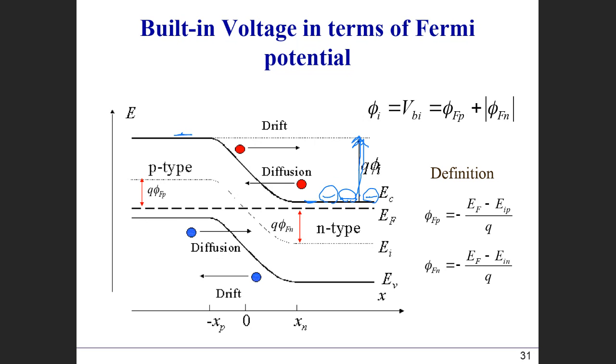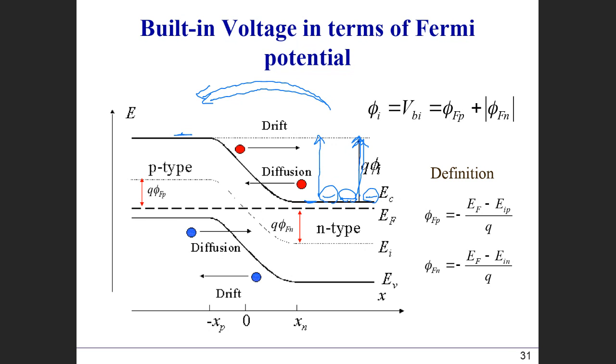So to move an electron from N to P, whatever electrons have this kind of energy can move to this P side. Okay.